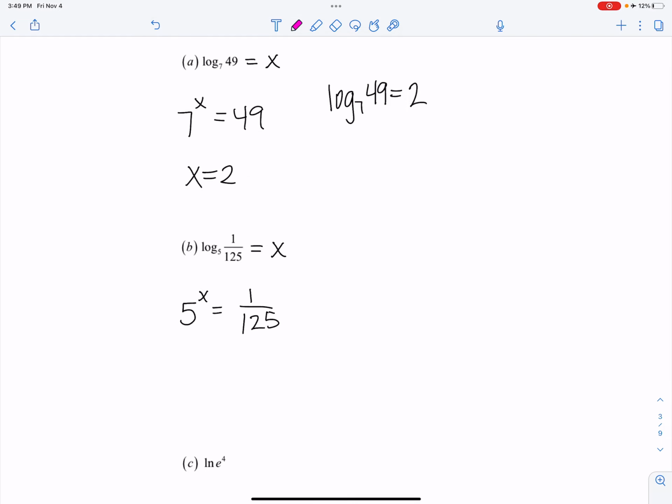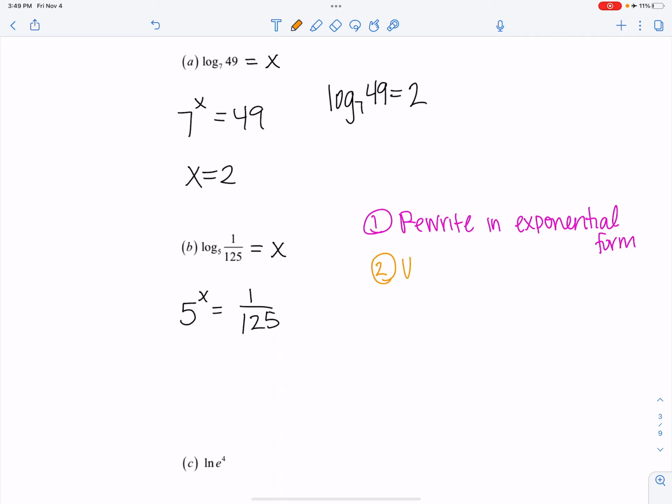So again, first we rewrite in exponential form. And the first time we were able to solve by rewriting. But this one has an additional step, which I would say use exponential properties.